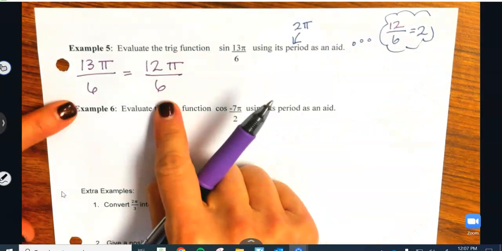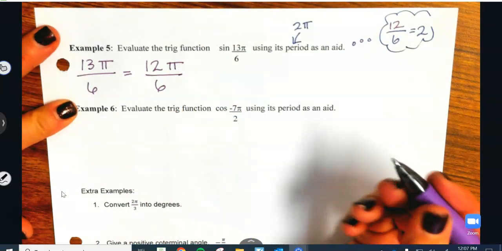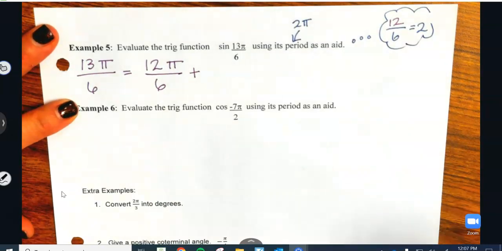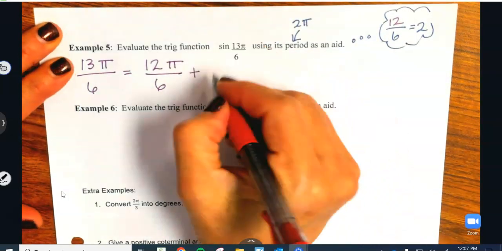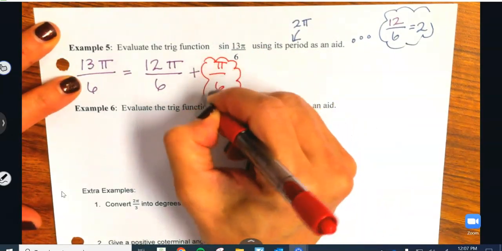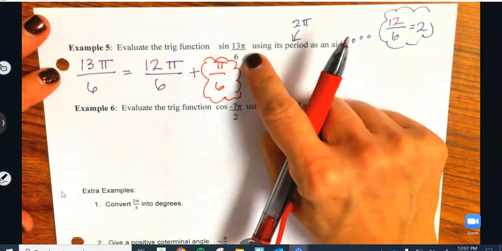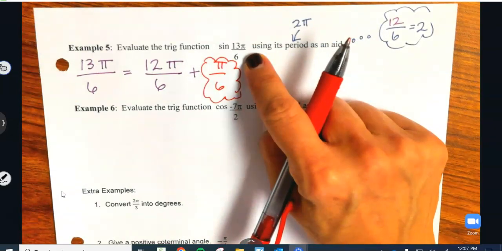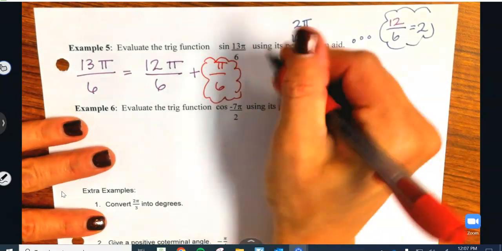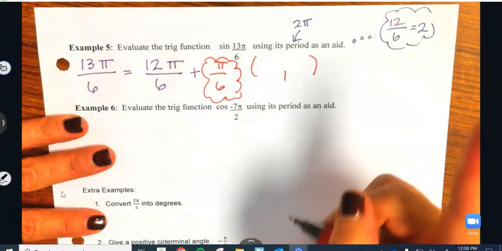Now, do these equal? No, they do not. What do we have to add to it? Whatever we add to it is going to be the answer. So 12 plus what makes 13? Of course, it's going to be pi over 6. So if I'm looking for the sine of 13 pi over 6, it is the same exact value as pi over 6. Remember, pi over 6 is in the first quadrant.